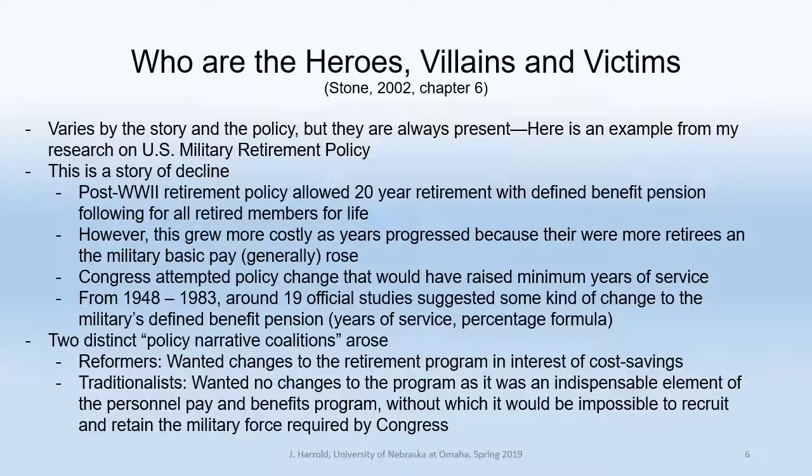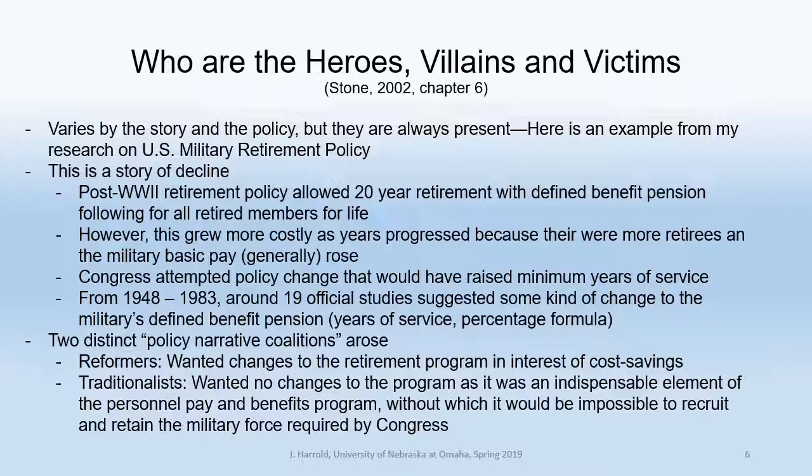But the story of decline, if it's pictured that way, is post World War II. So post World War II retirement policy, basically the de facto program, allowed for a 20-year retirement with a defined benefit pension following all retired members for life.